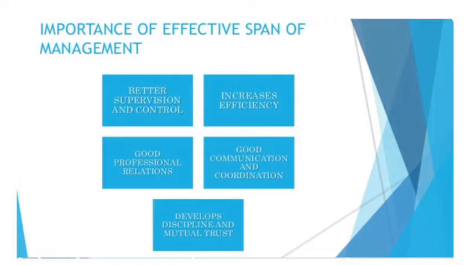In the same manner, the superior who is allotted subordinates has to communicate with them in a better manner to bring coordination. That is a very important factor in every organization. So the importance of span of management is for getting good communication as well as achieving good coordination.